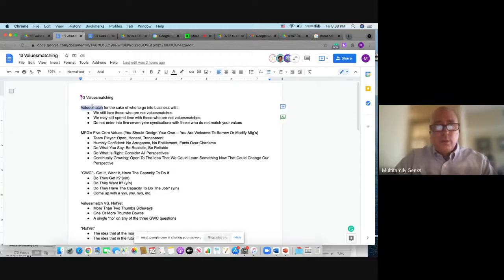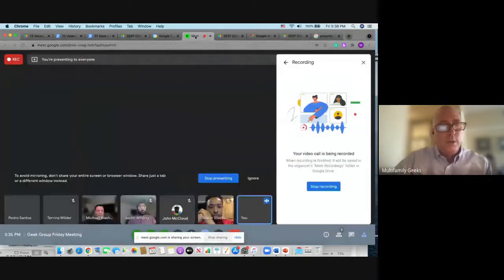Okay, so here's the first sort of understanding of values matching. Values match for the sake of who. So what I want you to think about separately is we still love those who are not values matches. So this is not a method for that. I want you to be careful with this method, okay? This method is for figuring out who to go into business with.